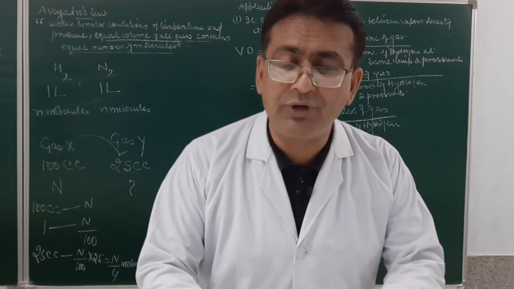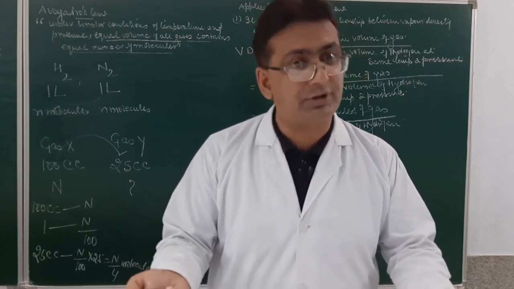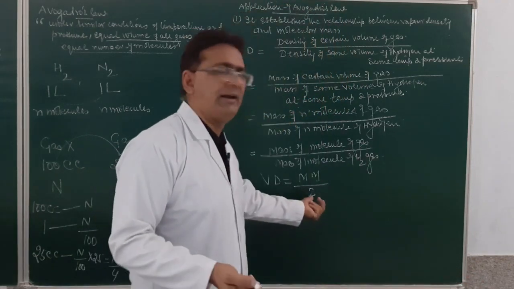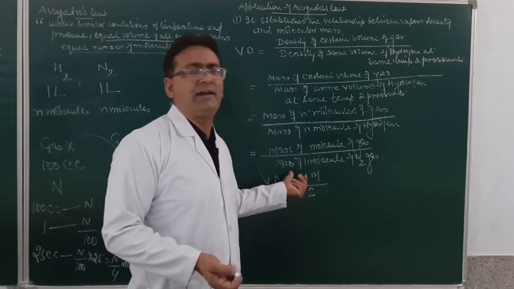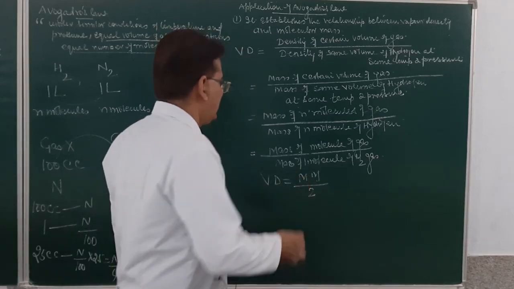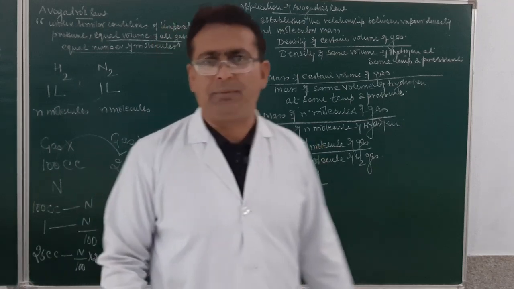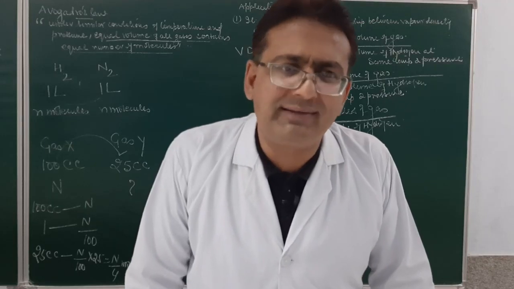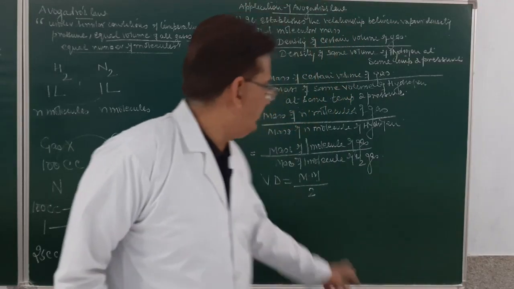The right term is the mass of 1 gram molecule of a gas, which is the mass of 6.02 into 10 raised to 23 molecules. Only then can I write the mass as the molecular mass in gram, which is 2 for hydrogen. Gram molecular mass and gram molecule of a substance mean one and the same thing.